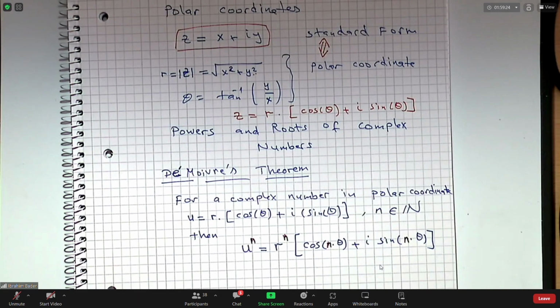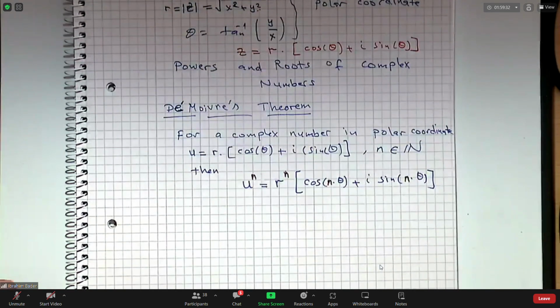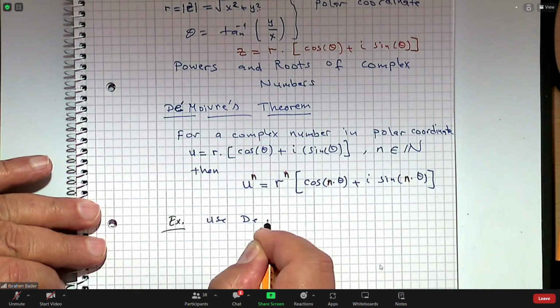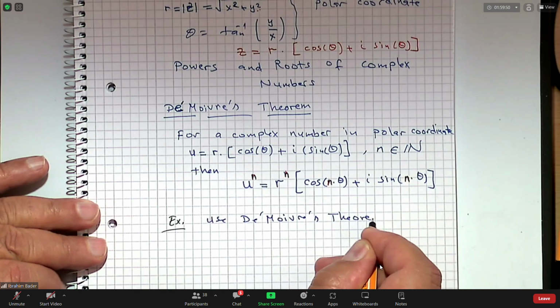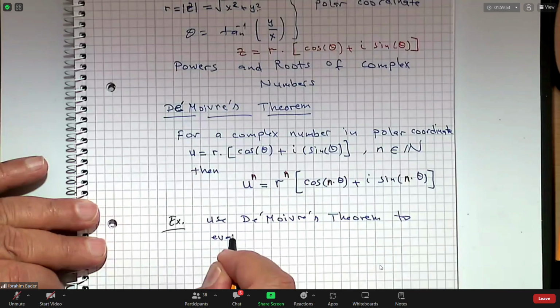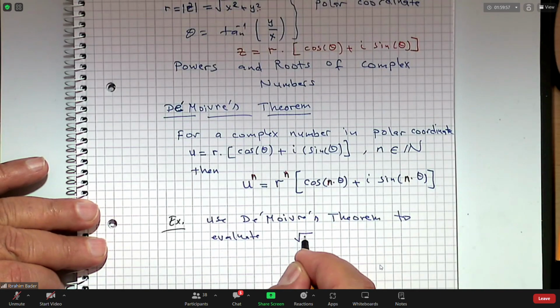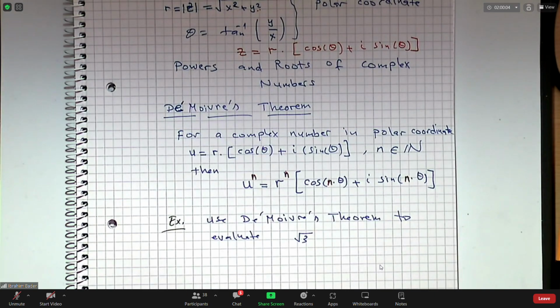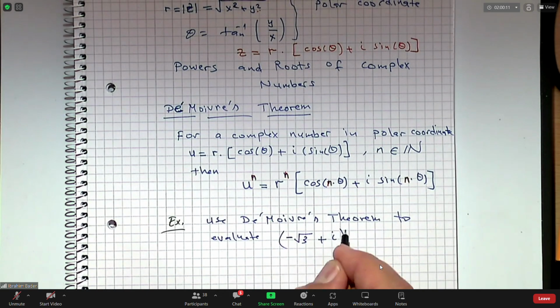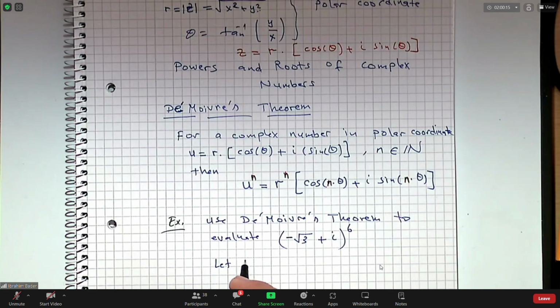Use De Moivre's theorem to evaluate negative square root of 3 plus i, to the power 6. So this is an example. Here let C equal this number.